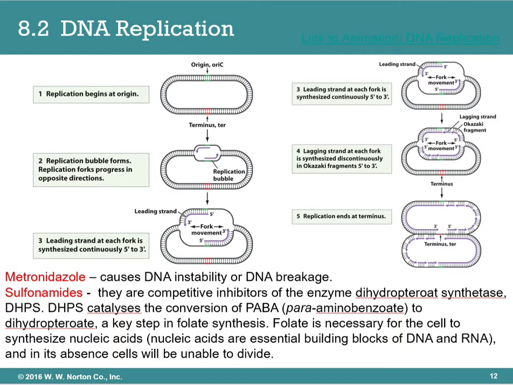With this medication, the sulfamides, it specifically interferes with the process of making folate. If the bacterial cell can't make folate, it can't make its nucleic acids, so it's unable to continue DNA replication.